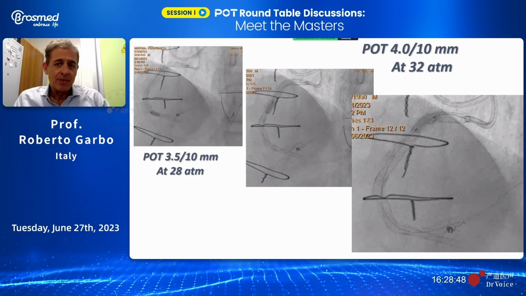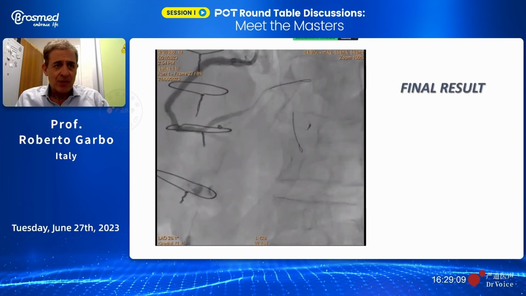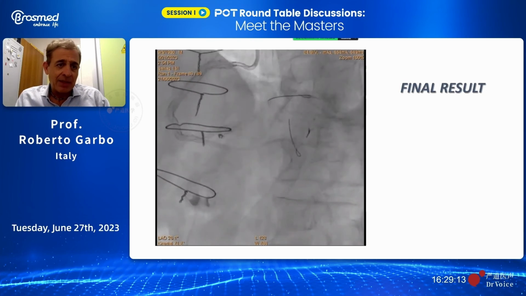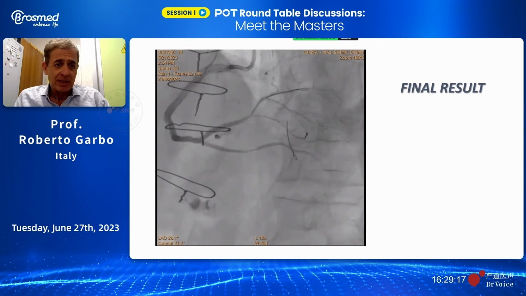Then we have a 4.0 balloon in the mid right, in the proximal right at 32 atmospheres, as you can see in the picture, and then a 4.5 balloon at 30 atmospheres at the level of the proximal and ostial part of the right. This is the final result of our vessel.